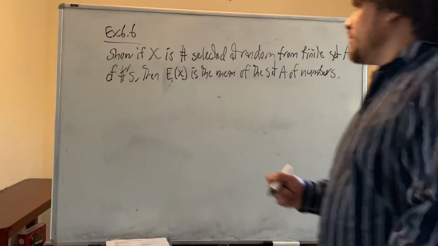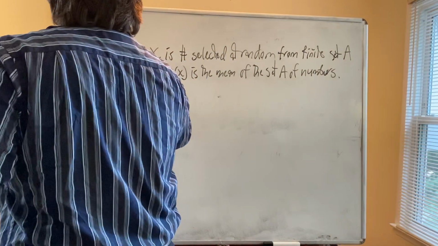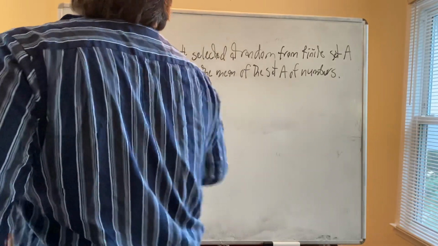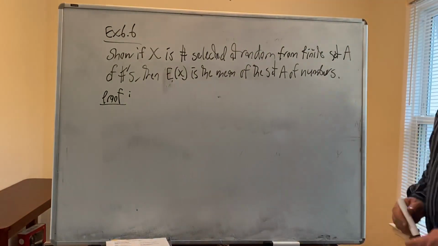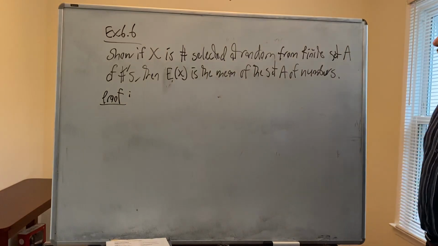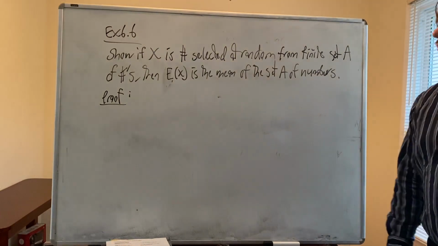Okay, so let's do that. Let's call it proof. Okay, so assuming capital X is a number selected at random from a finite set capital A of numbers, then E of x.